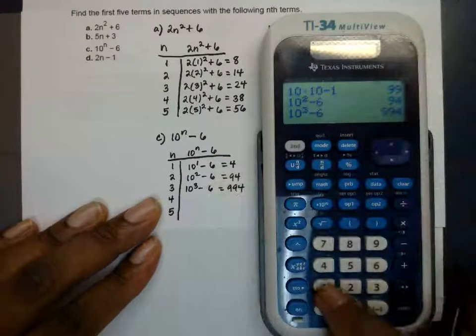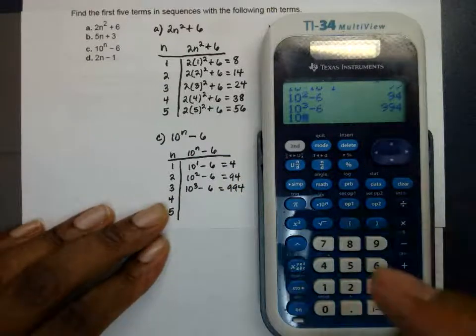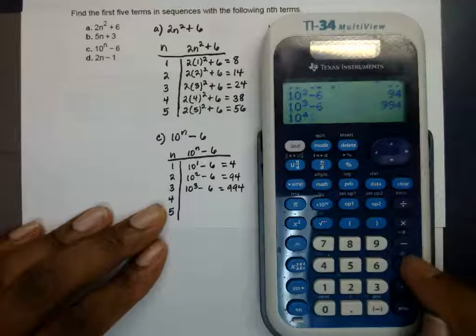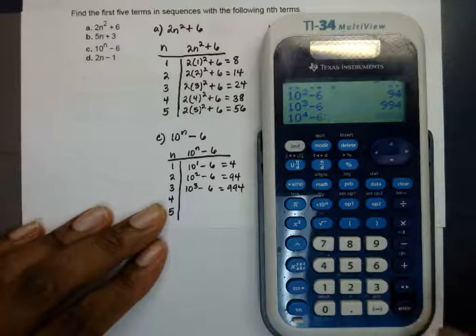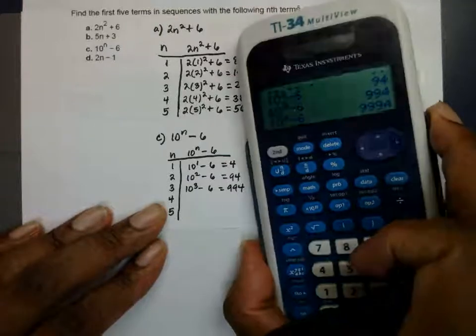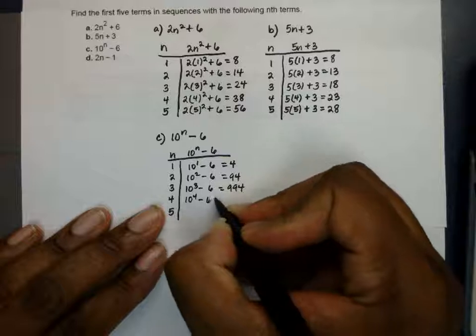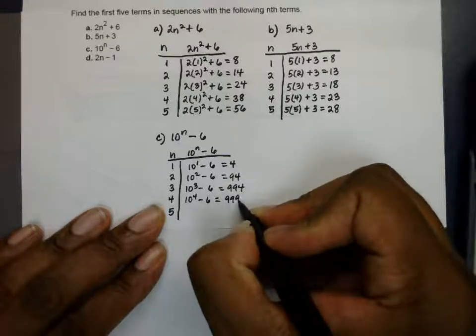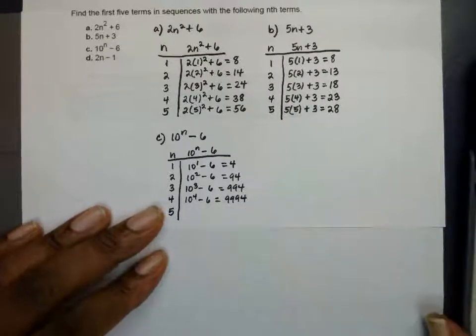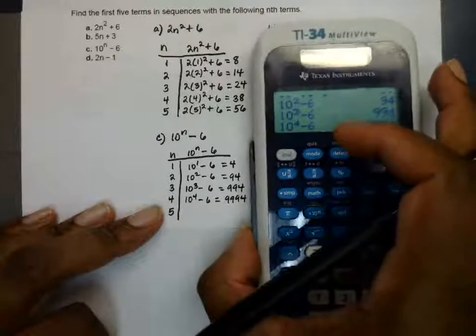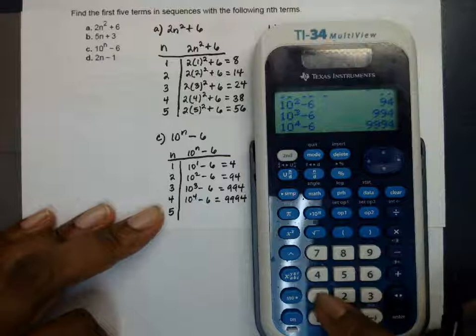And then for n is 4, this will be 10 raised to the fourth minus 6. That'd be 9,994. And I'll go ahead and write this out. And with this one, you can notice a pattern here. Because I'm adding a 9 in front each time I increase the n by 1.